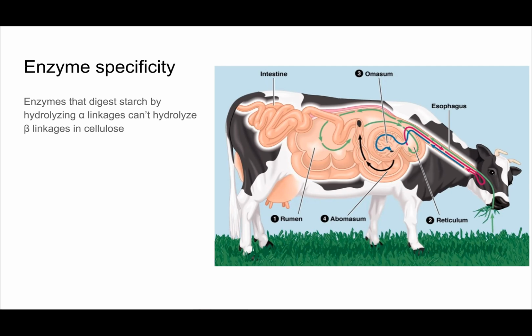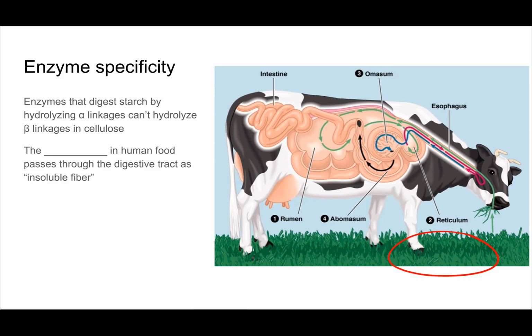Because grass and leaves are very rich in cellulose, our body cannot break down this particular type of bond found in the cell wall. As a result, we cannot get a lot of nutrients and energy from these plants.